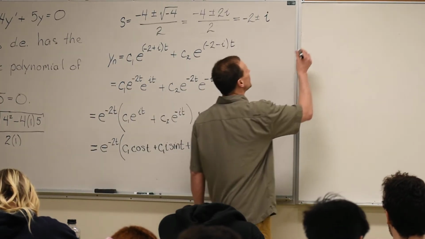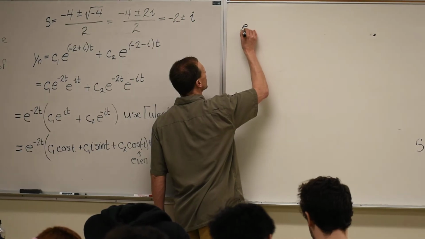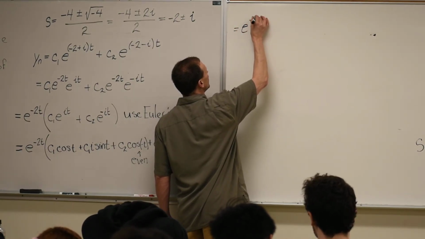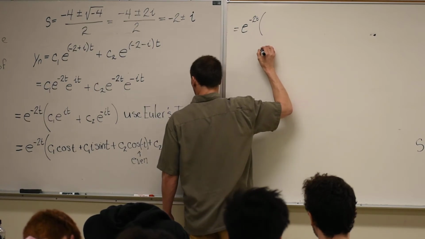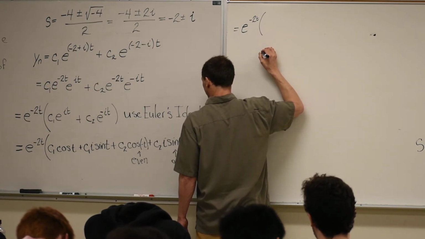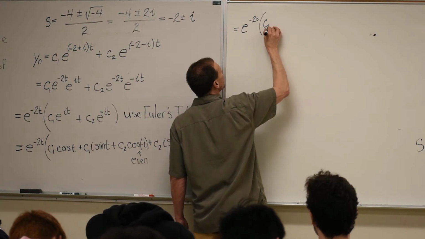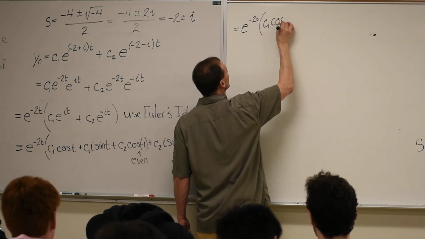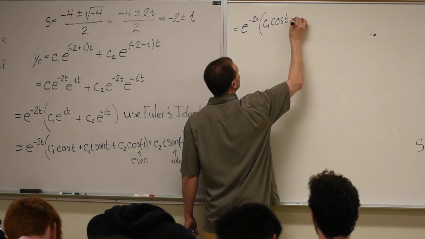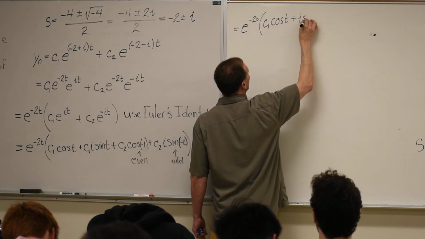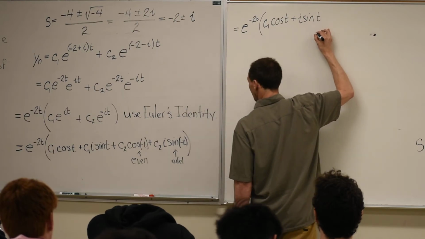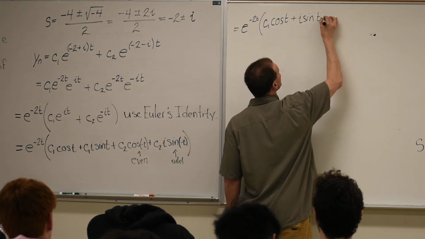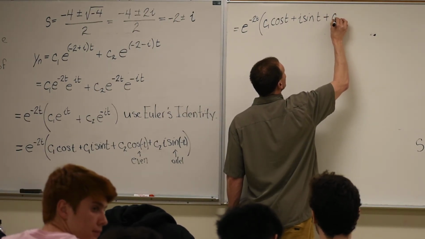So I have e to the minus 2t times, what do I have? C1 cosine of t plus i sine t, plus C2.